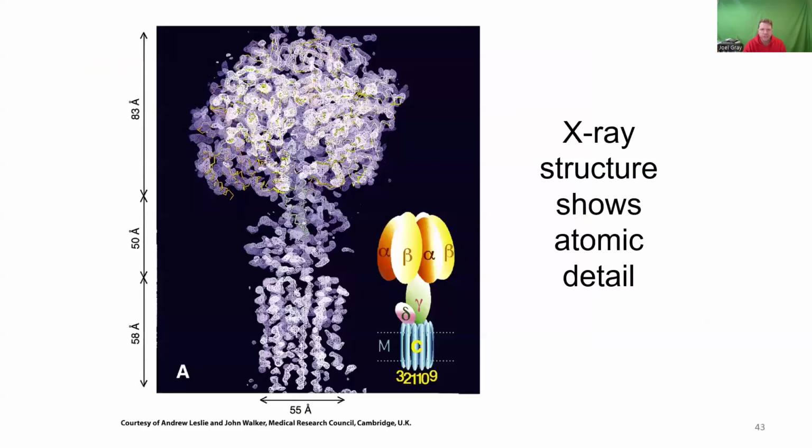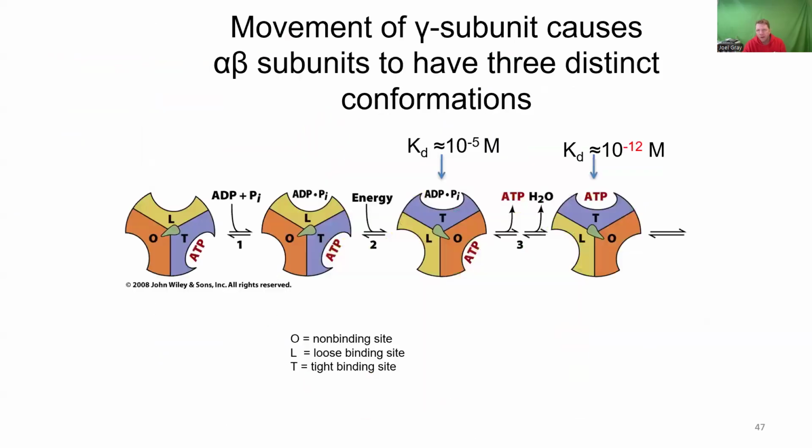All of these structures, these last few slides, are about what that protein structure looks like. This is the part of the protein that is in the mitochondrial matrix. You have 3 different spots on this protein: a loosely binding site, an open binding site, and a tightly binding site.